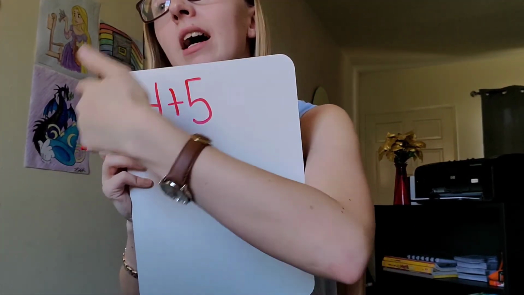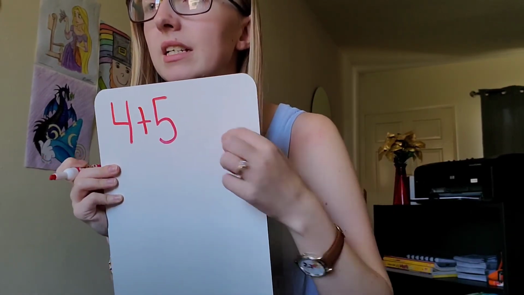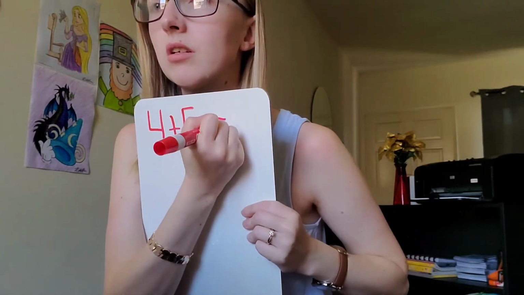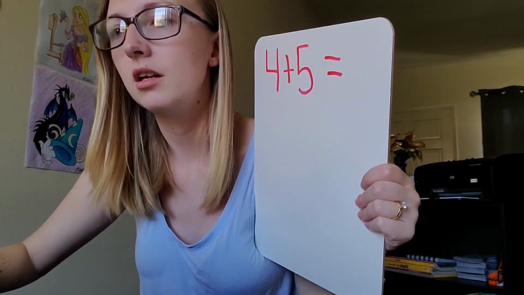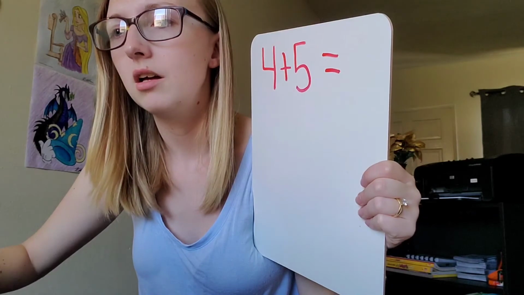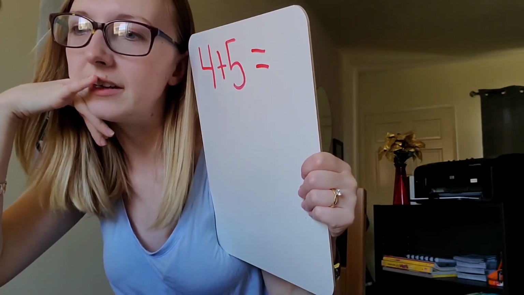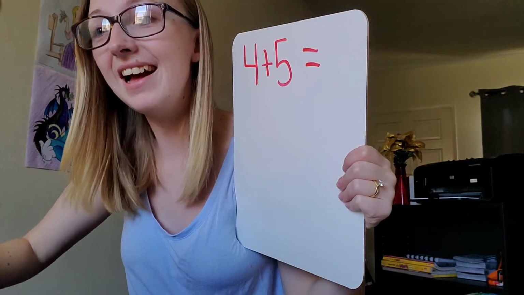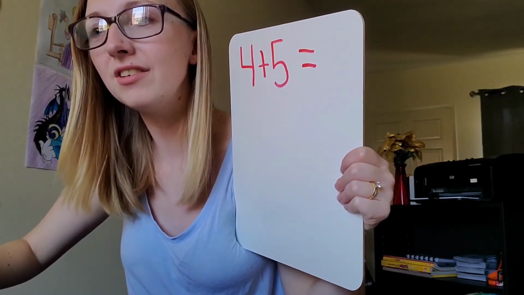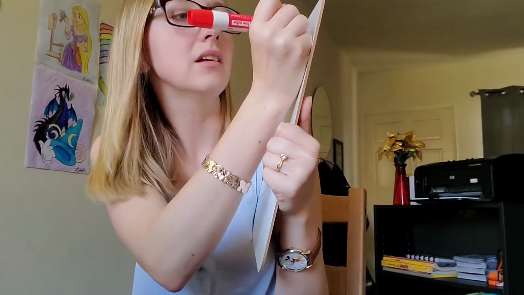So they want to know how many did they see all together? How many did they see equals all together? Amal, what do you think? 9. 9, yeah. 4 plus 5 is 9.